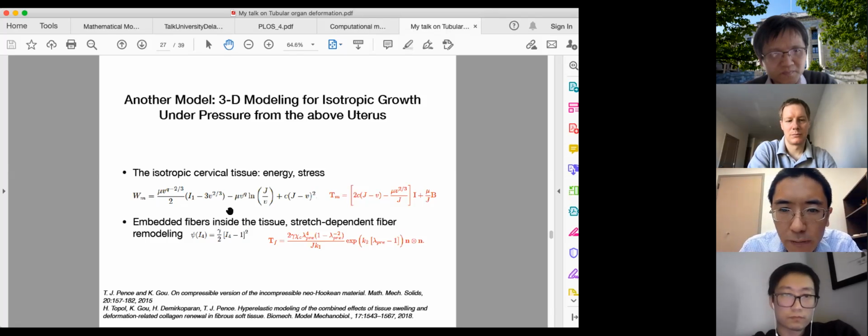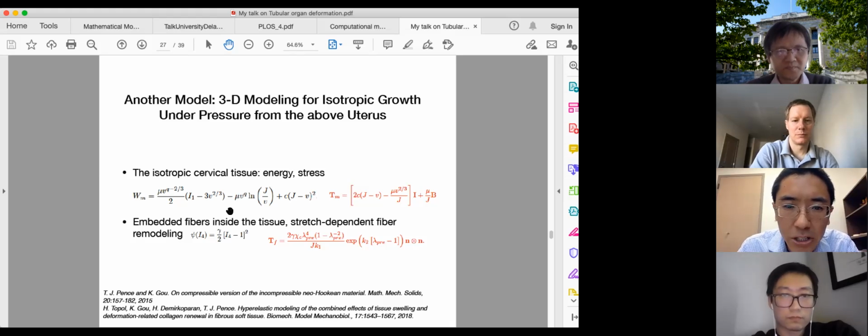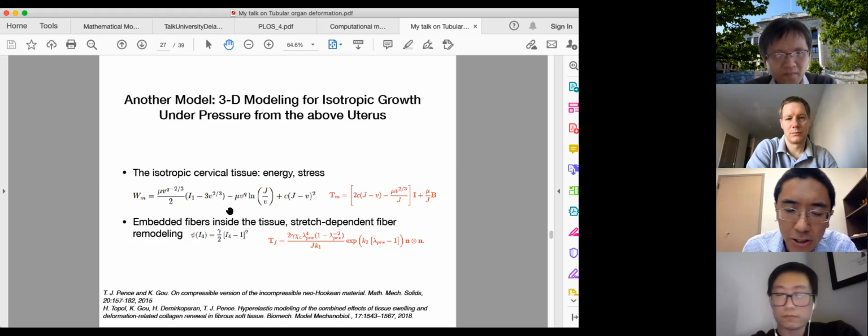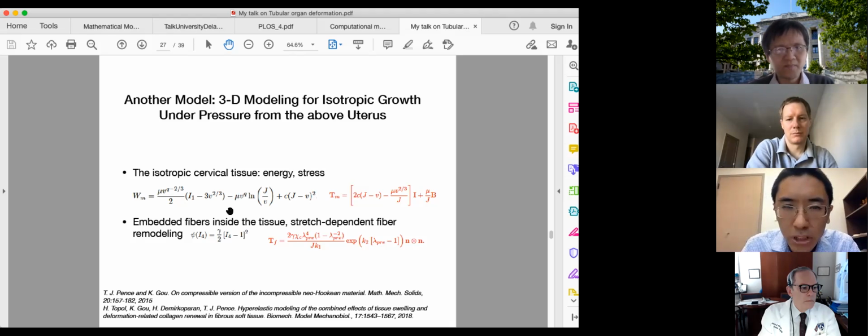And we derive our Cauchy stress tensor from this combined energy function. Our model is kind of complicated. The fibers here are evolving, so the stiffness is changing. We also have a very complicated fiber model I ignored here in the talk. Together they determine the deformation for the cervix.